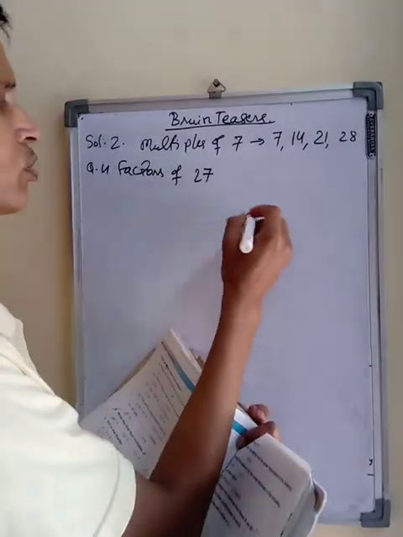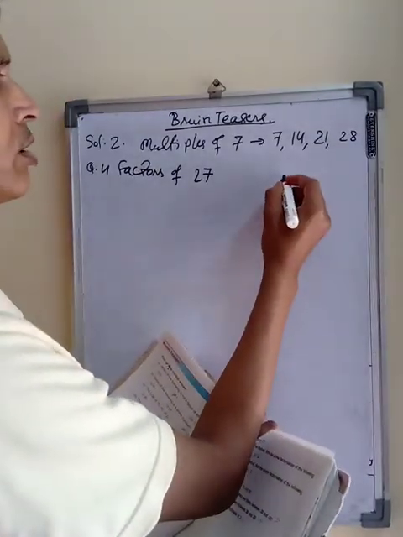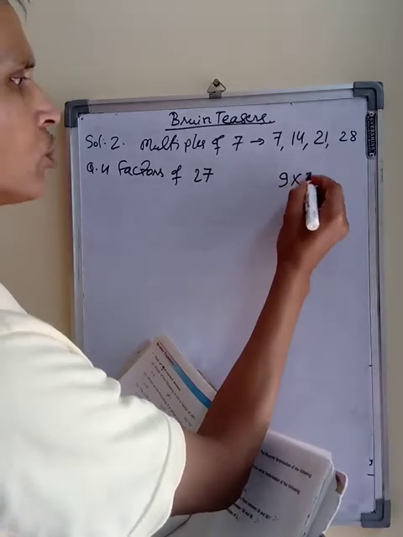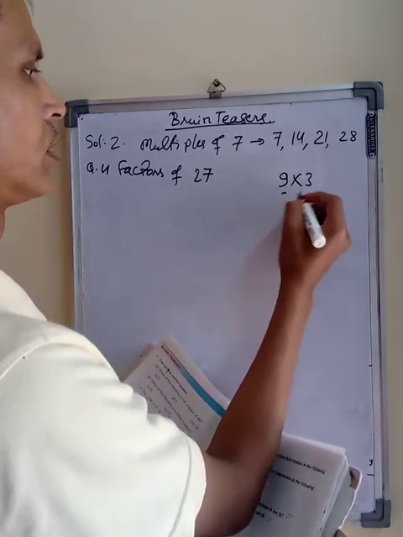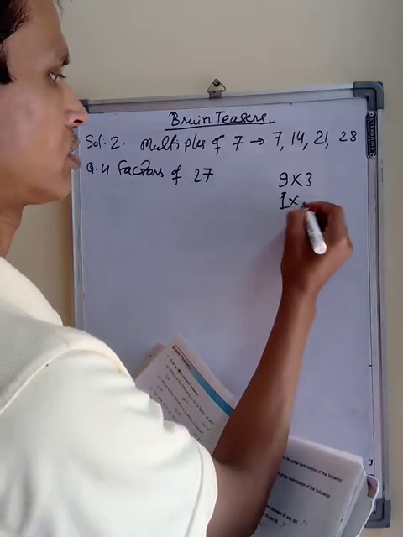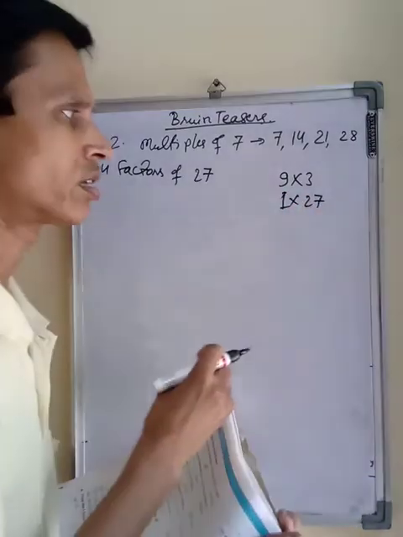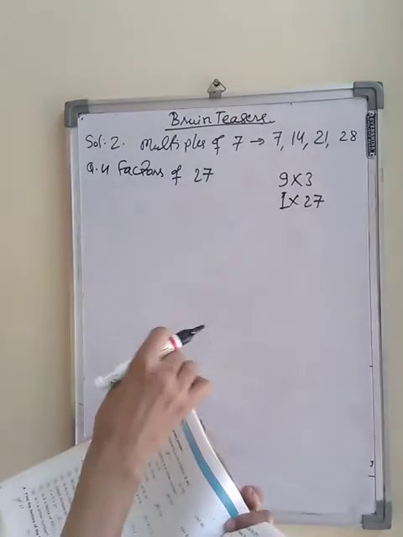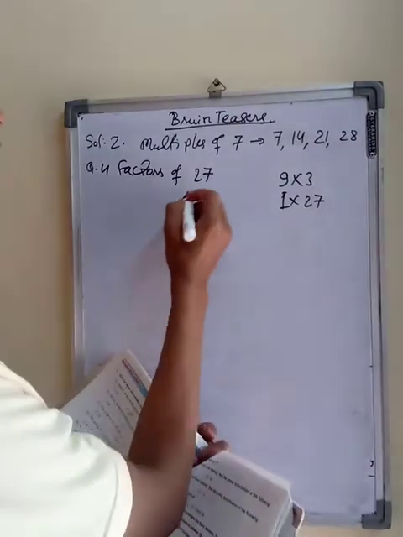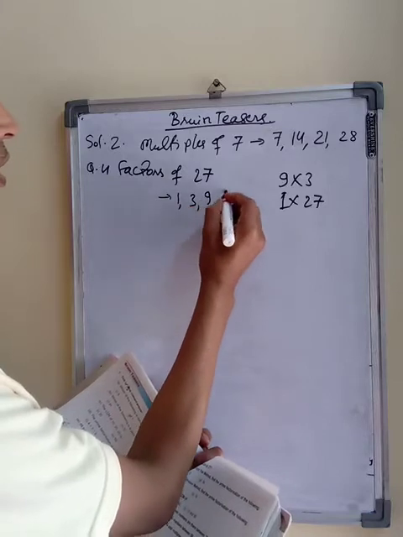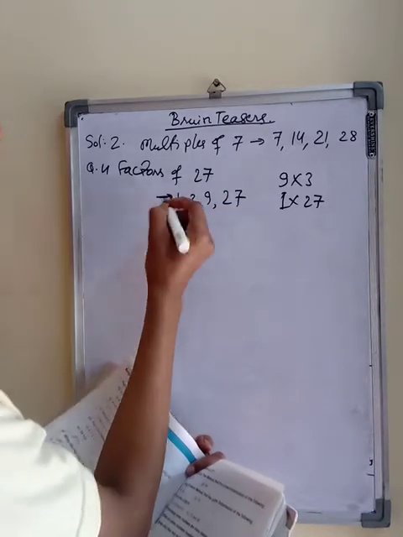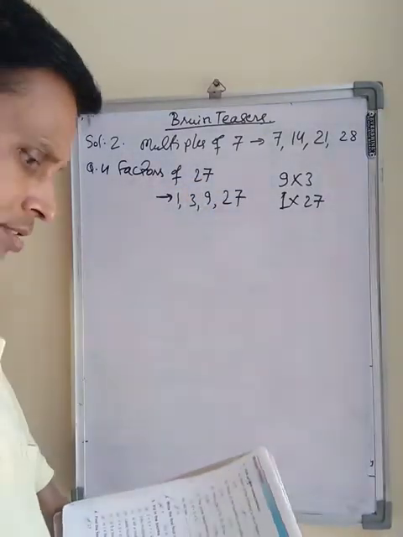There are 2-3 procedures. 27 means 9 into 3 we can do. Then 3 1 into 27 we can do. Only this way is possible. So the factors of 27 will be 1, 3, 9 and 27.